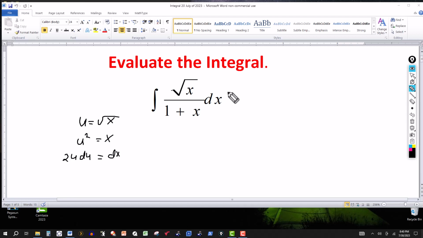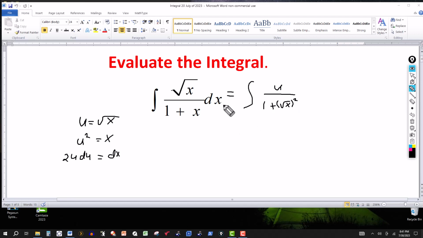And now I transform this integral into one involving the variable u. So here we go. Square root of x, that's u. The denominator, I have 1 plus, I got an x there. I can write that x as the square root of x, quantity squared.